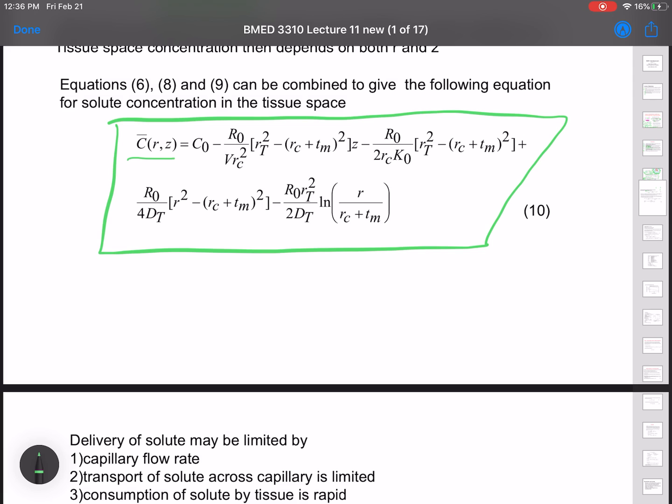So this is the concentration in the tissue as a function of R and Z. You can see it starts off with the concentration of the blood, but it's decreased because of the reaction, because of the convection resistance, and because of the diffusive resistance. Okay, so it ties everything together.